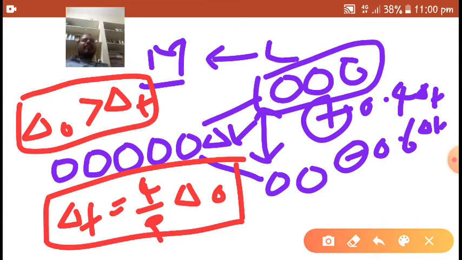So, that is about d orbital splitting in tetrahedral complexes.